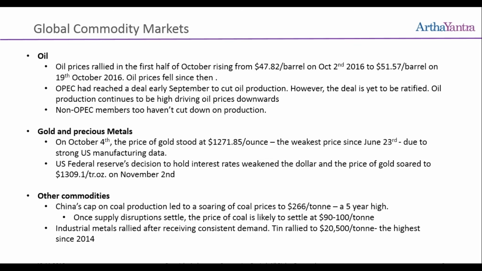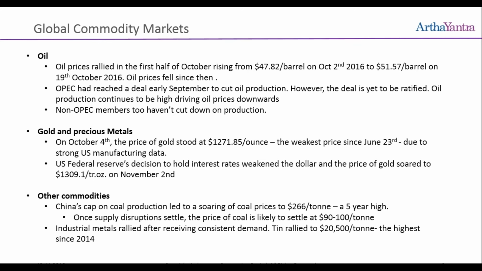Now, as we had discussed in the Chinese economy, the producers price index, which is the input costs for businesses, had gone up, and this is primarily because of the cutting down of the mineral output. China had placed a cap on its coal production about 3 months ago.